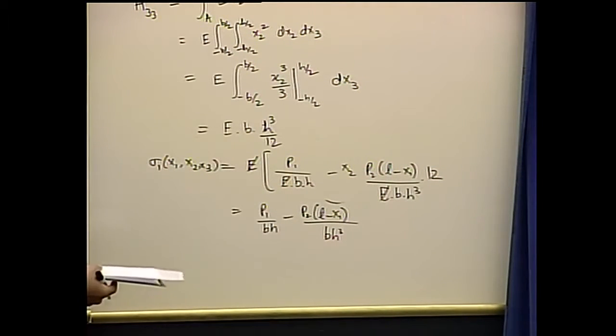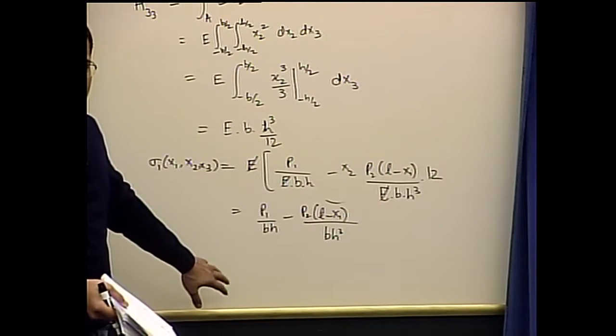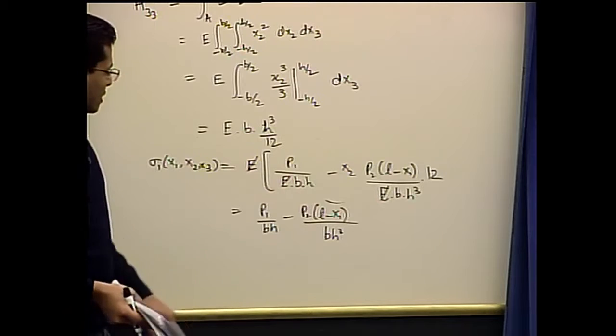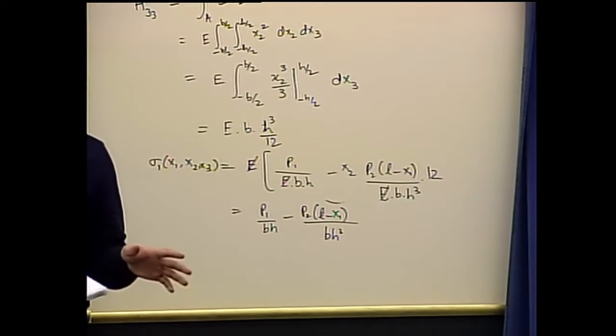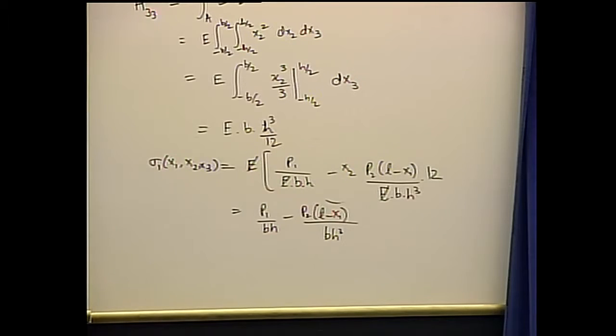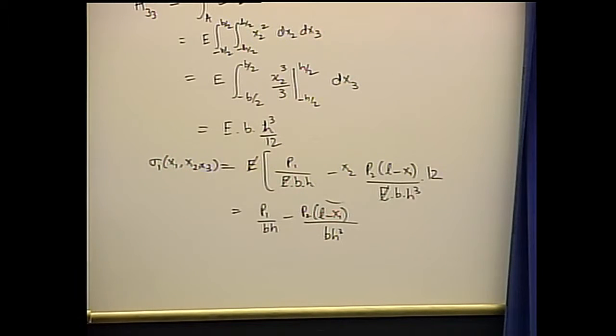So it's important to note that the stresses here do not depend on E, the material property. And that's the case only with a cross section or a beam which has a uniform material property. If there was a layered composite section or layered beam section, then the modulus will not cancel out.